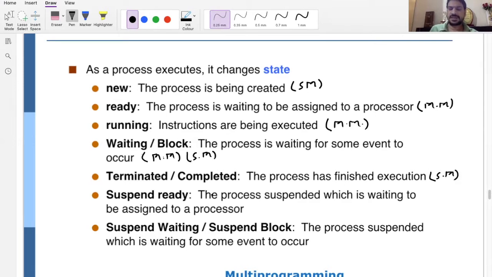Suspended ready means a process was in the main memory in a ready state, but after some time it goes into the suspend state, and another higher priority process comes and takes its place. So it will go to the secondary memory. Suspend waiting or suspend block is taken from the waiting state and given to the secondary memory. So this is how the position of a process differs in each state.